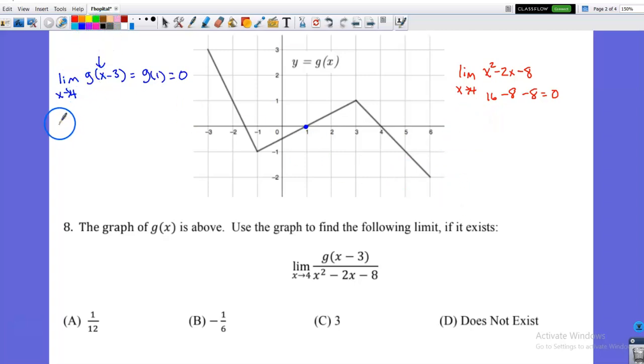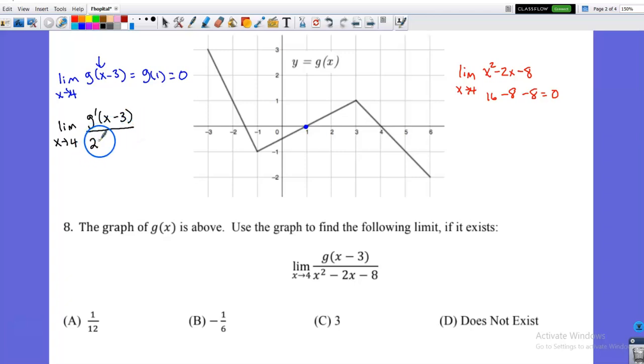All right, so L'Hopital would say find the limit as x goes to 4. The derivative of the numerator is g prime of x minus 3. Since the inside is x minus 3, the derivative of x is just 1, so the chain rule is already built in.